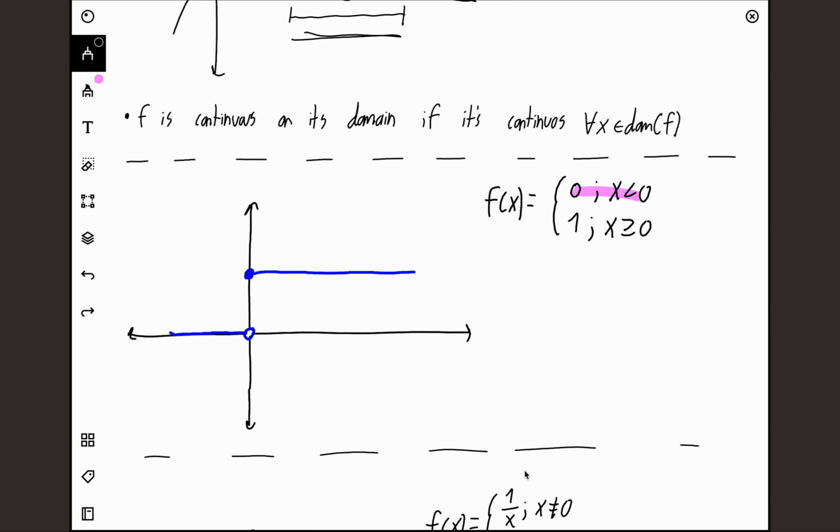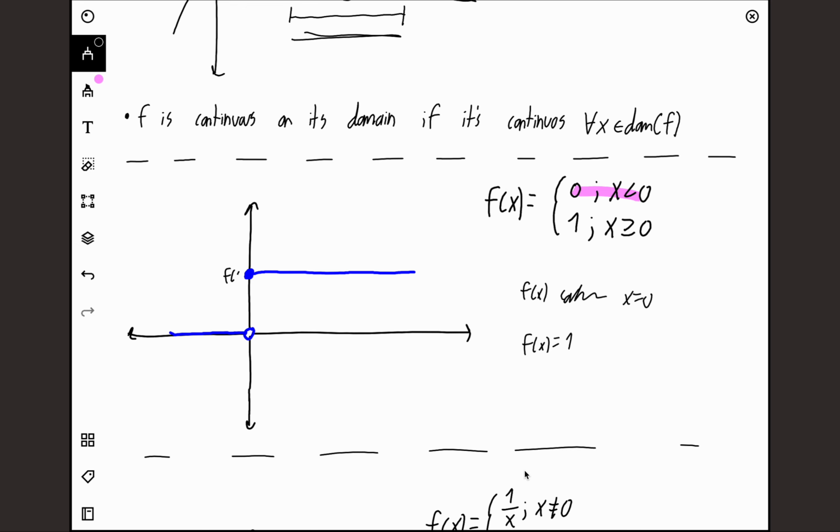And basically, if we look at the point x equals 0, is f of x continuous at x equals 0? Well, we can check. We can see that f of x0 equals 1, because if x is greater than or equal to 0, it equals 1.